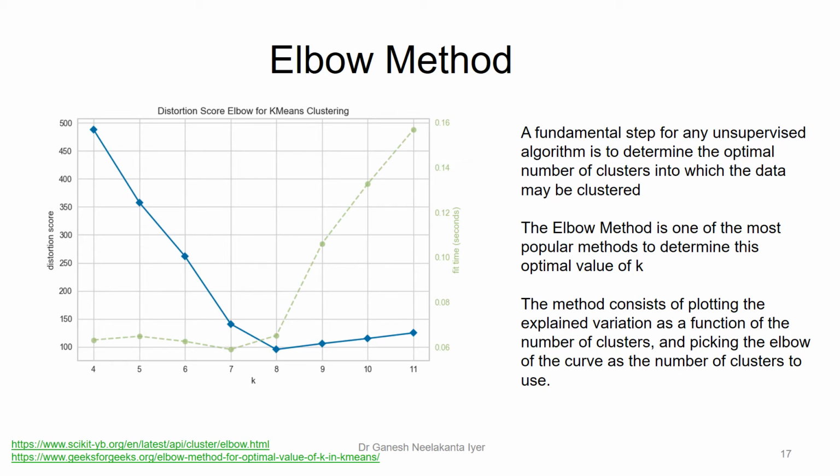This method consists of plotting the explained variation as a function of the number of clusters and picking the elbow of the curve as the number of clusters to use. So in this example, it looks like 8 is a good value to go with. And from the fit time perspective, 7 is also a good value. It fits very fast.